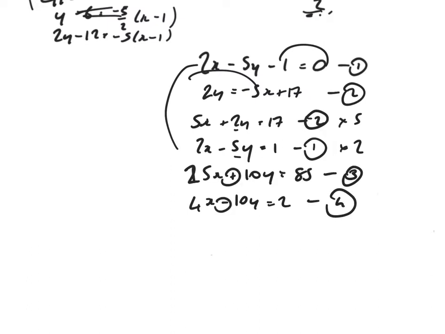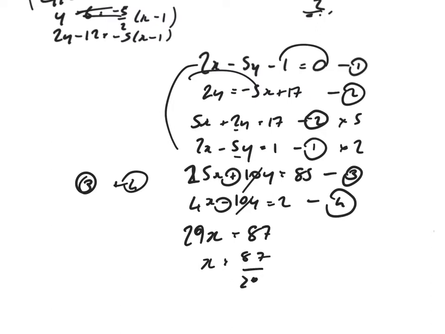Signs are different, so I'm going to add: 25x plus 4x is 29x, these cancel out, equal to 87. x equals 87 over 29, 29 goes into 87 3 times, so x equals 3.